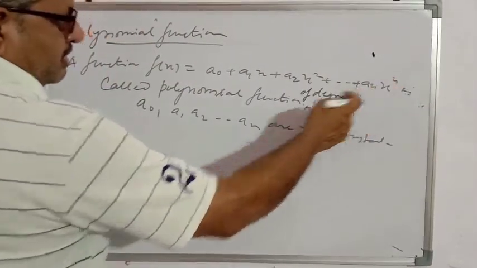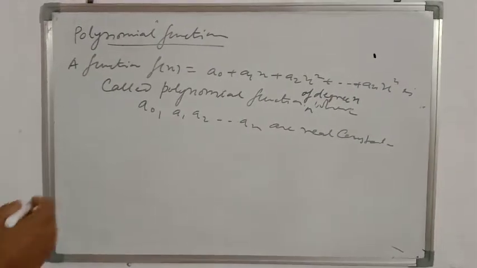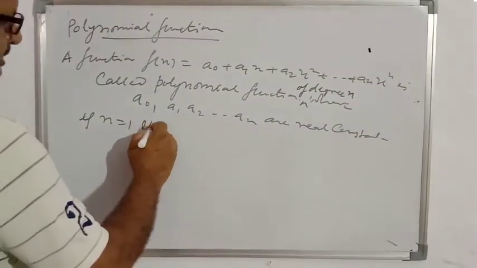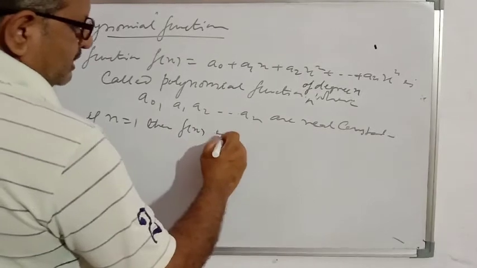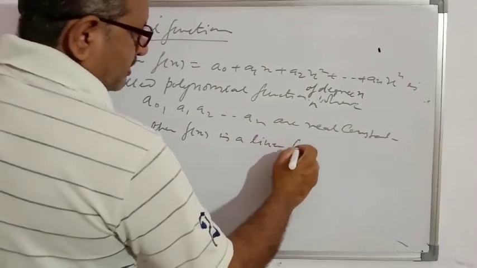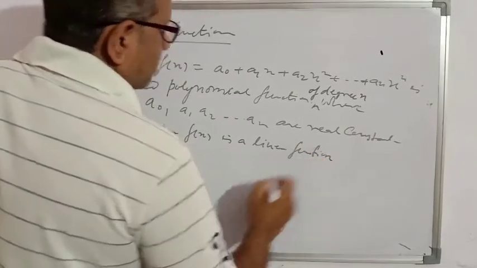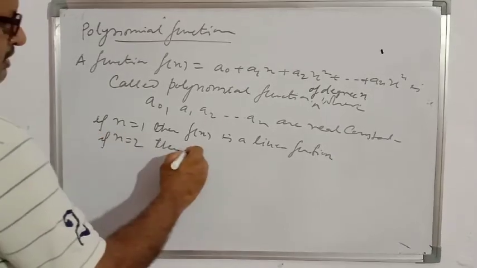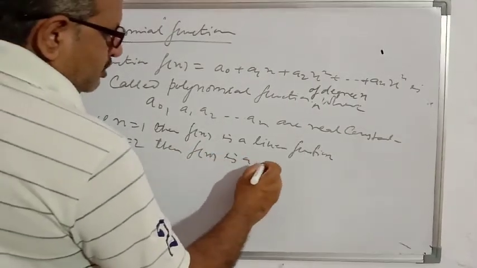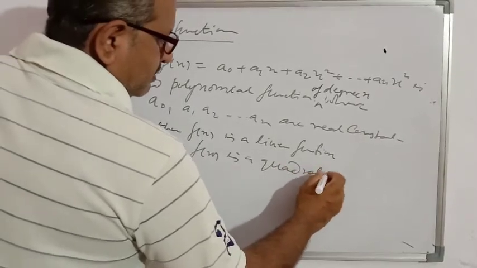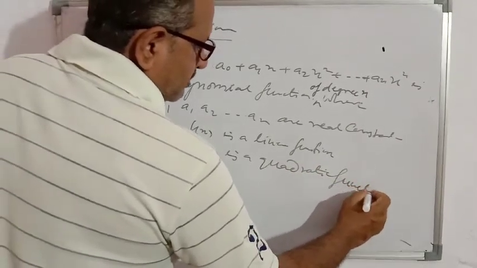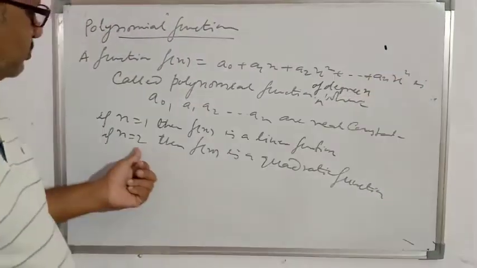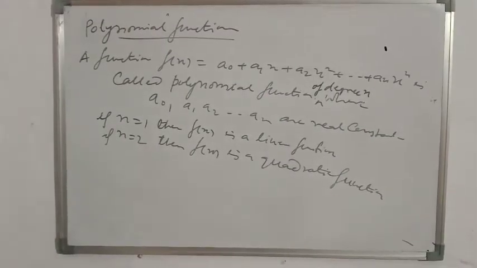If n is equal to 1, meaning the degree of the variable is 1, then f(x) is a linear function. If n is equal to 2, meaning the maximum power of the variable is 2, then f(x) is a quadratic function.